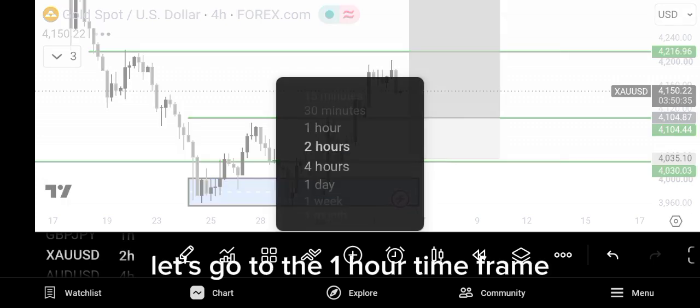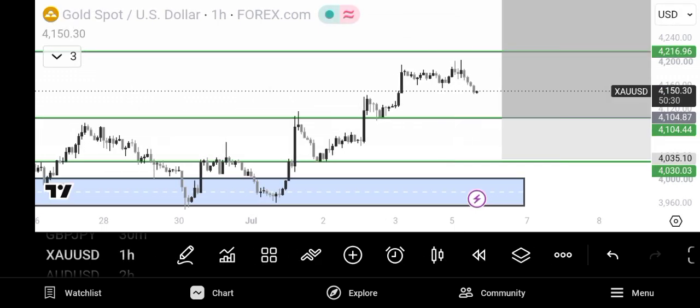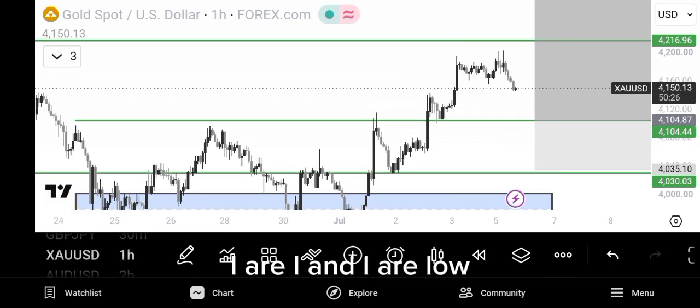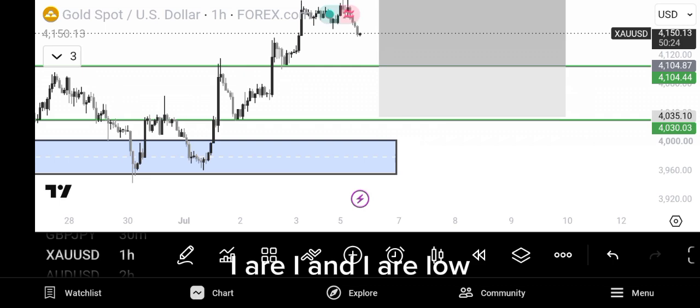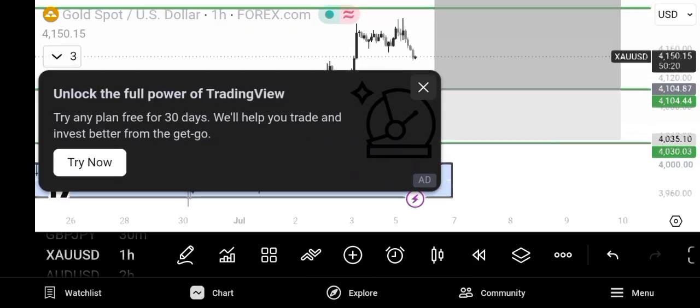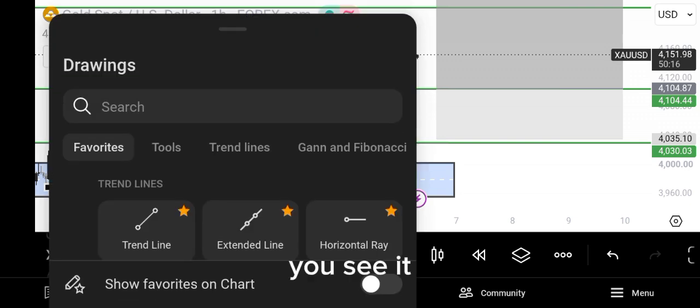So let's go to the 1 hour time frame. See, the market has been forming higher highs and higher lows. You see it.